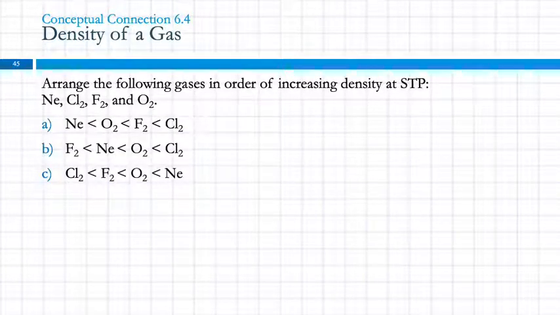Another conceptual problem. Arrange the following gases in order of increasing density at STP. We've got neon, chlorine, fluorine, and oxygen. So let's think about this. Density is mass divided by volume.